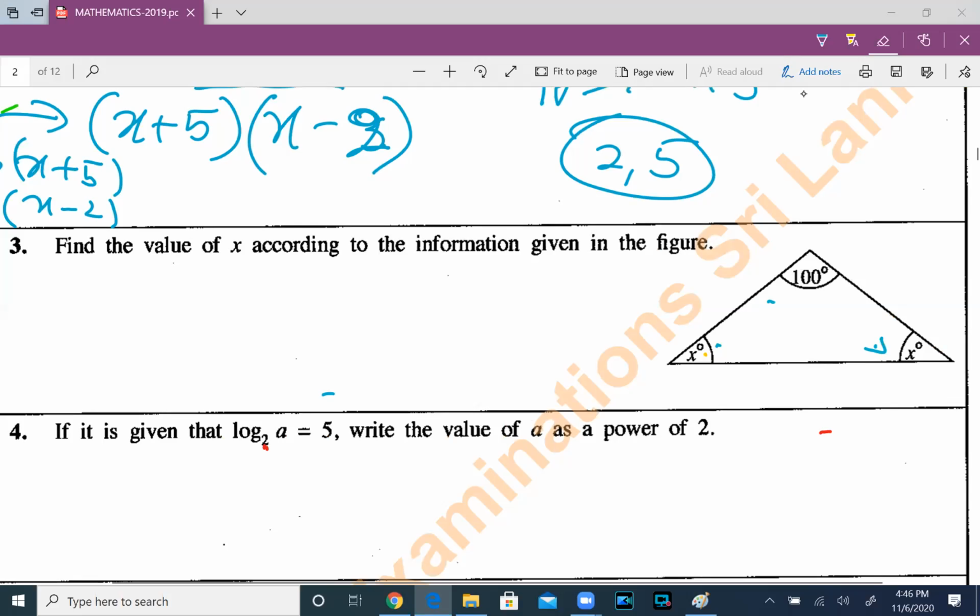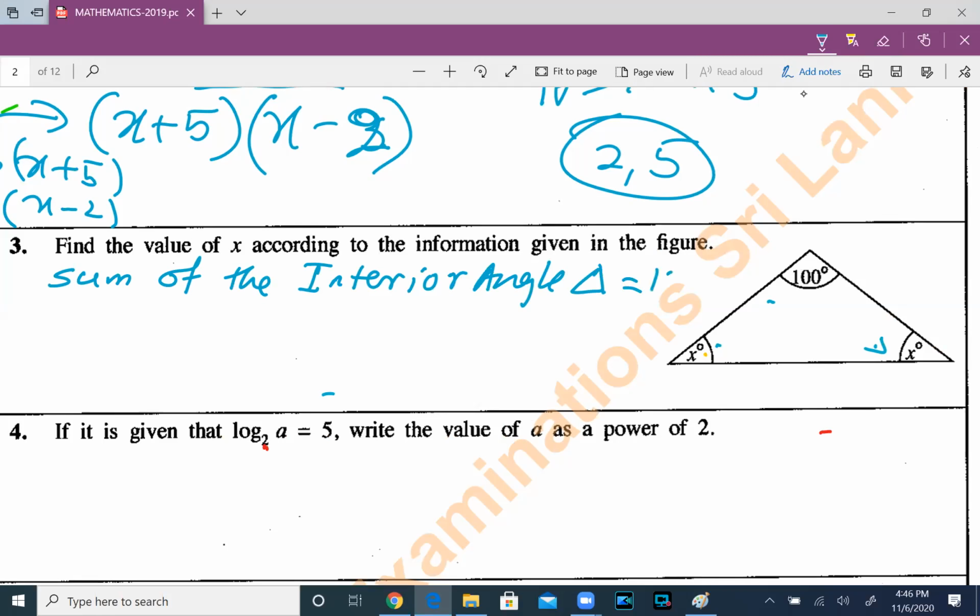If it is a triangle, the sum of the interior angles of a triangle is equal to 180. Here there are three angles. When you add these three, it should be 180. So there is one angle x, another one also x, and the other one is 100.